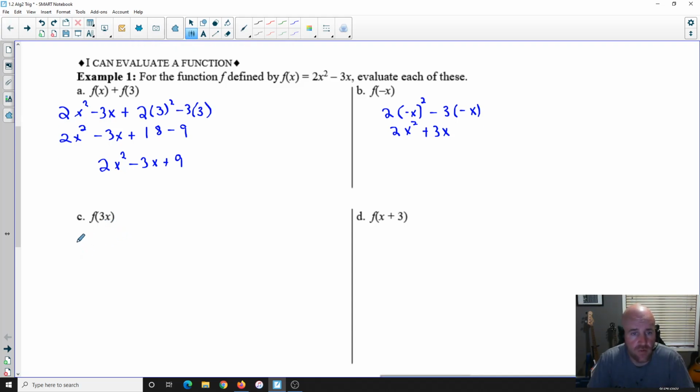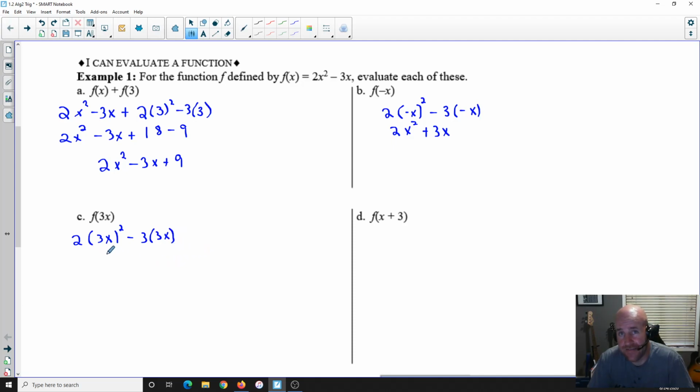Next one, we are substituting 3x into the x's. So we're going to write those. So 2 times the quantity of 3x, and then we have to square that. Minus 3 times 3x. Now we can simplify here.